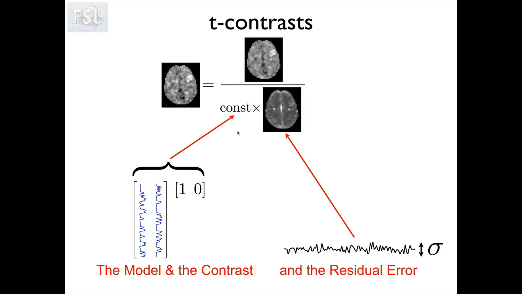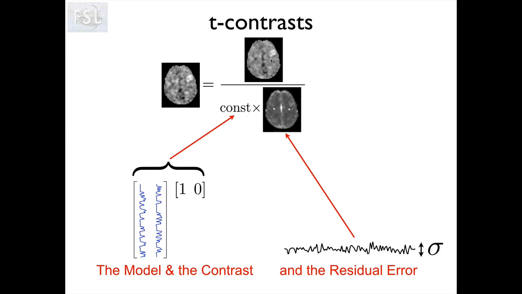Or we can look at it like this. From the perspective of a given contrast, this part here is constant, i.e. it is the same in each and every voxel. Whereas this one is different in each and every voxel. So you can think of the t-contrast as simply the contrast of parameter estimates divided by some constant that is the same for each and every voxel, multiplied by this map of the residual error.